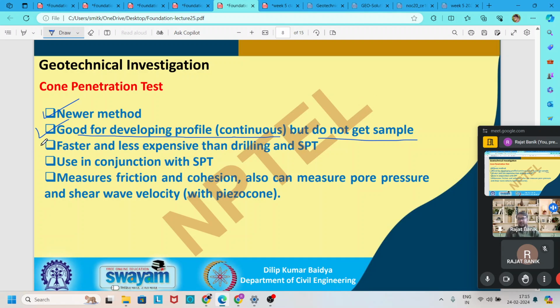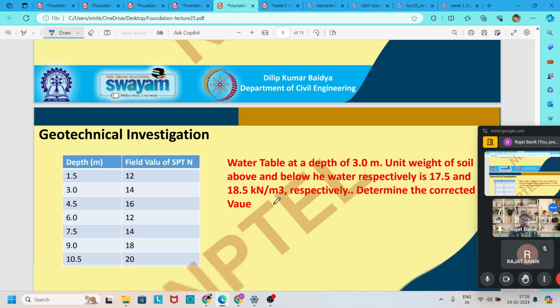This test is faster and less expensive than drilling and SPT, and is used in conjunction with SPT. It measures friction and cohesion, and can also measure pore pressure and shear velocity with a piezo cone.